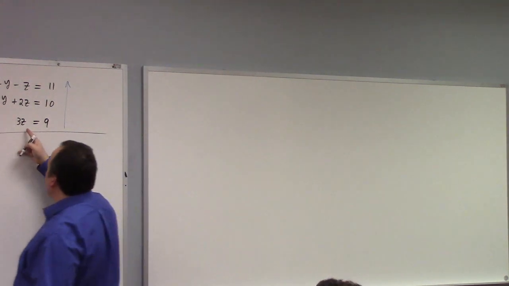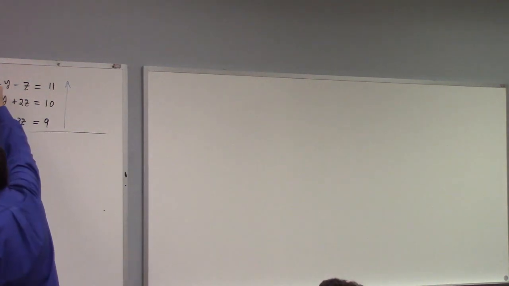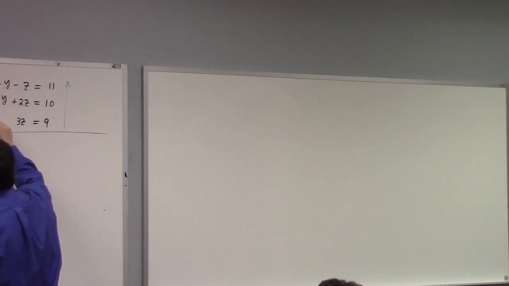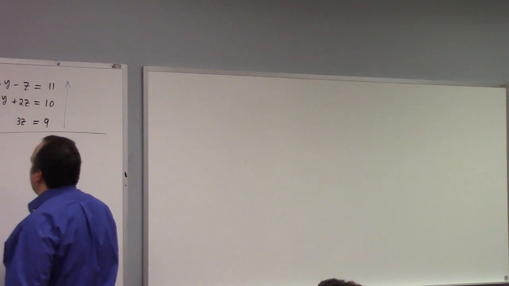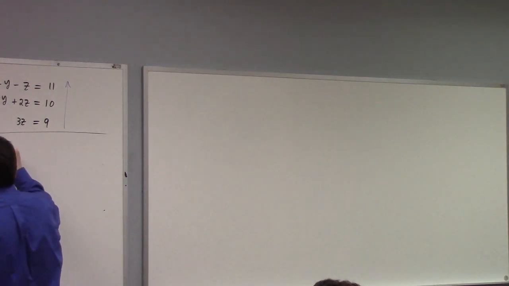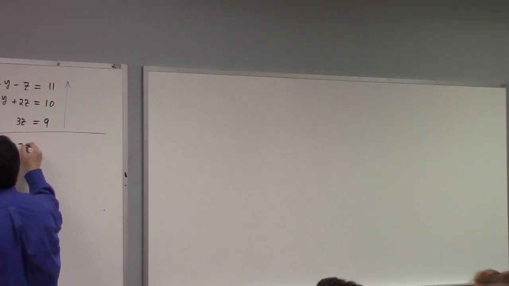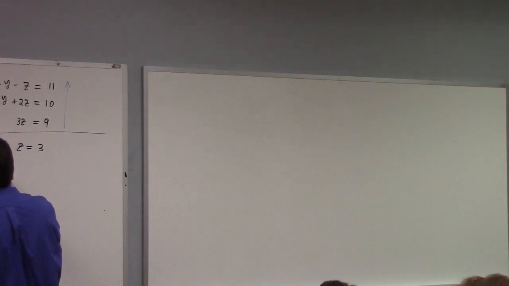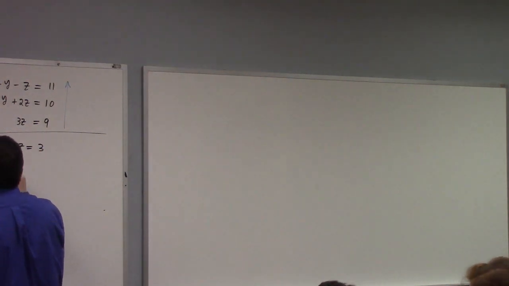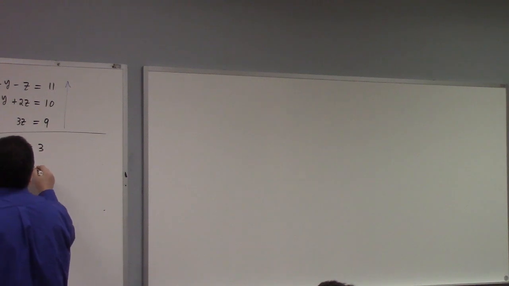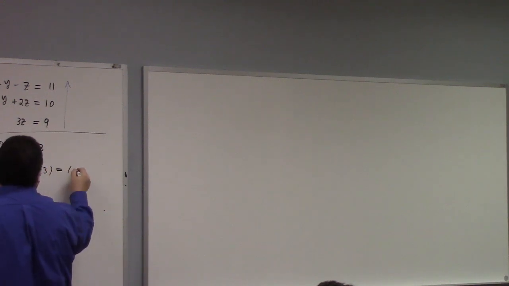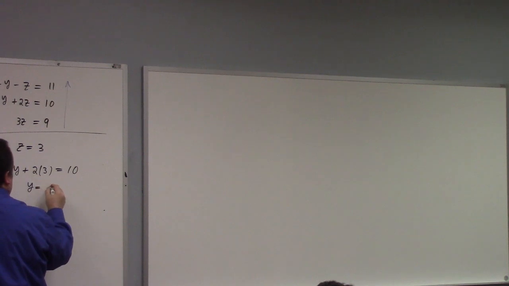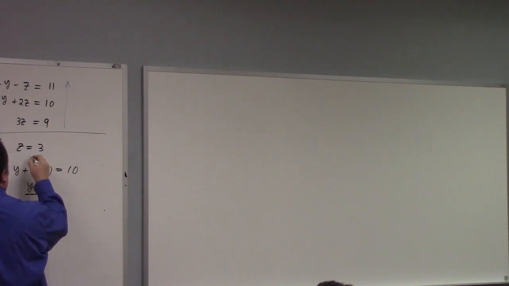So we start with equation 3. And let me start numbering these: I, II, III. I'm just using Roman numerals because it makes you uncomfortable. Really no reason. So z is equal to 9 over 3, also known as 3. Now from 2, we get y plus 2 times 3 is equal to 10, which gives me y is equal to 10 minus 6, which is 4.